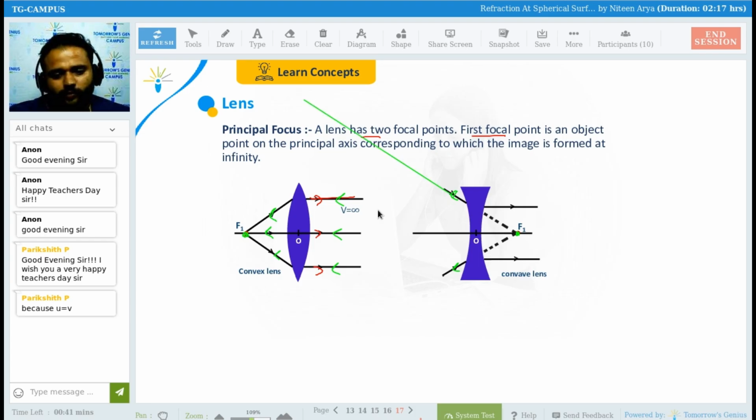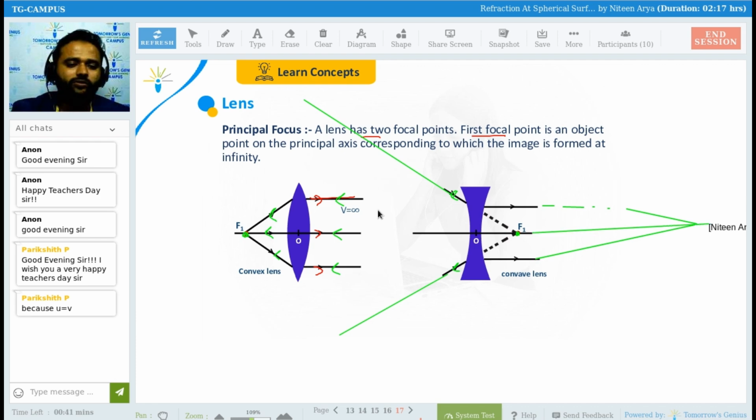So what we can see is that they are going to meet at some point at infinity in the backward direction. In this way, and in this way. Okay, so that is our analogy. Clear, everyone?